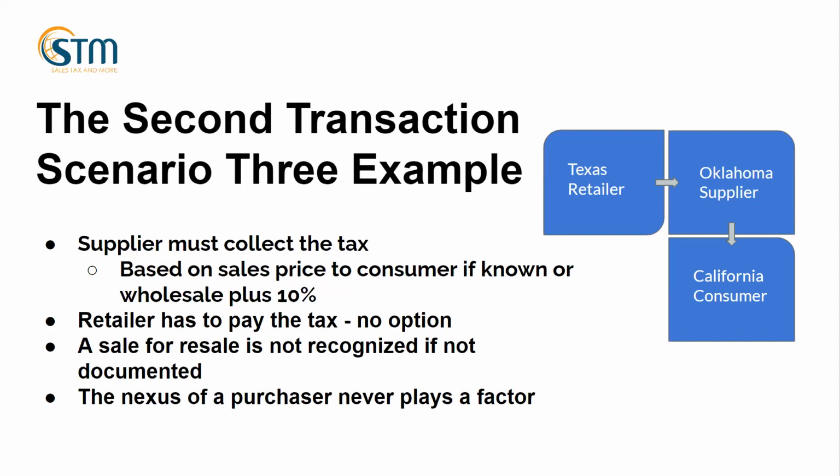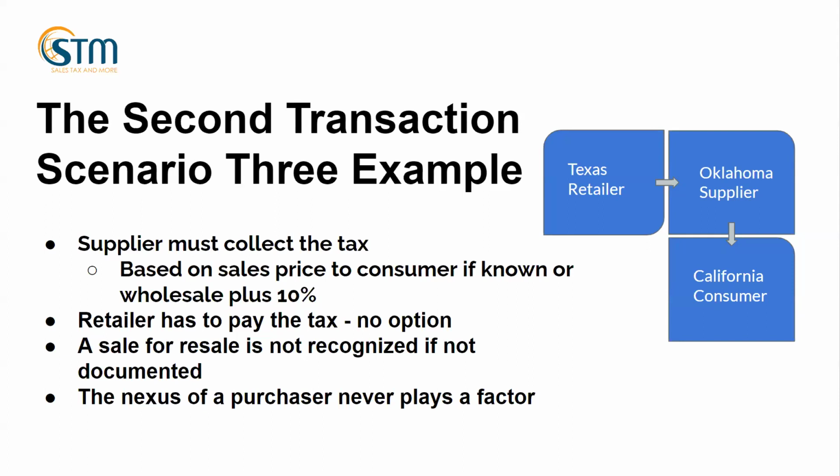And again, California, we use this as an example because they're a little bit tough when it comes to this, because the tax is not based on the sales price to the retailer. It's based on the sales price to the consumer if known, and generally it's not known, or the wholesale price, which is the price to the retailer plus 10%.